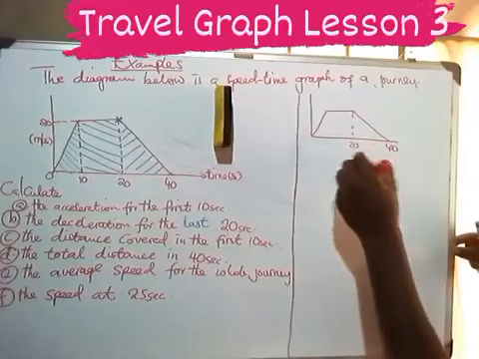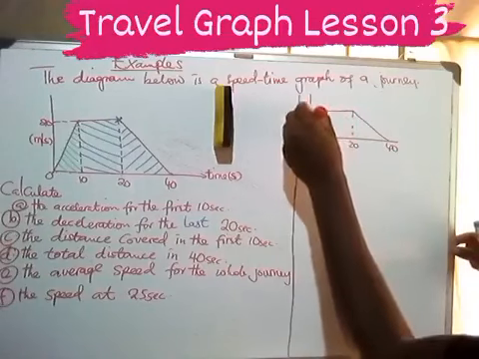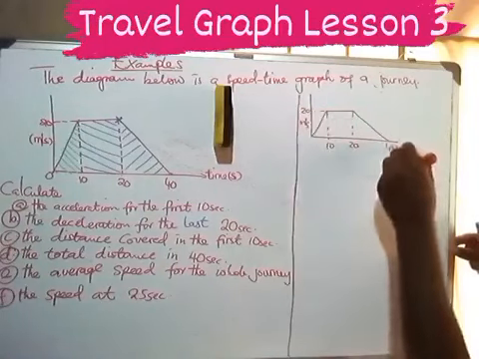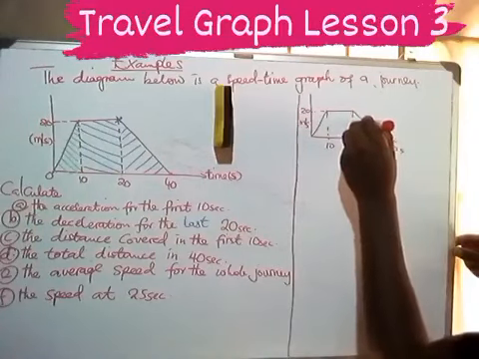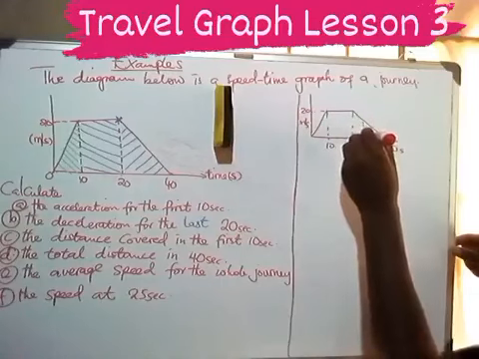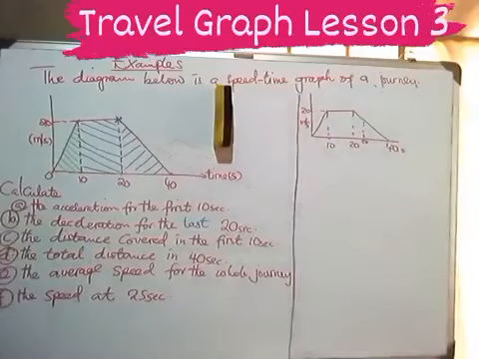We have our 20 there. We have our 10. This one is our 20 also, meters per second. These are seconds. Now the question is calculate the speed at 25 seconds. I've written it as 25 seconds there.